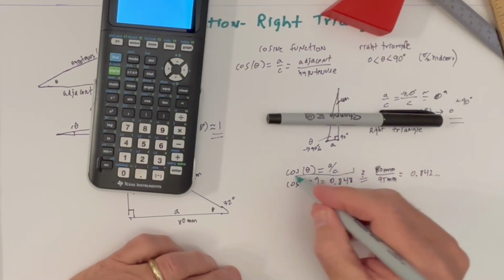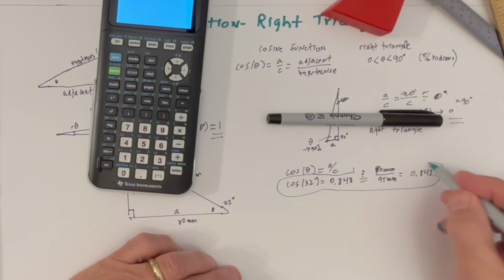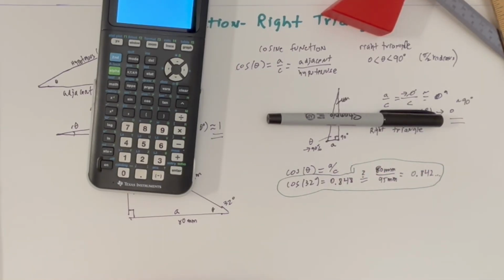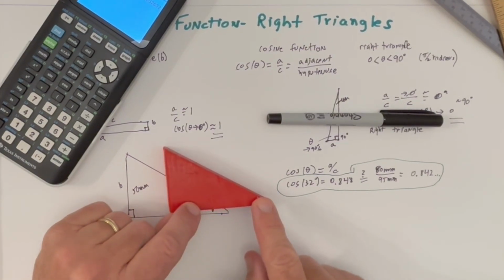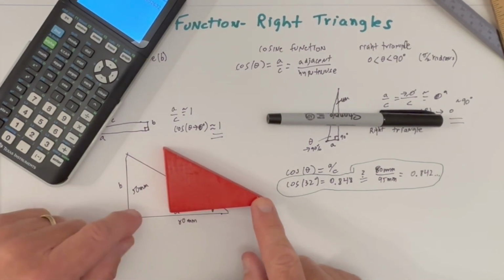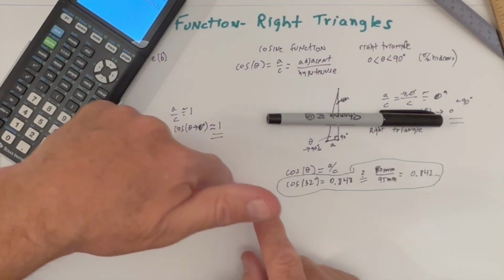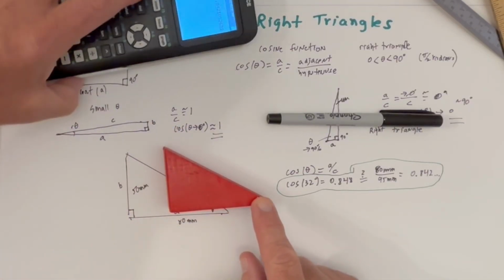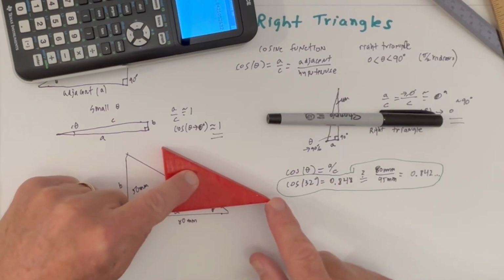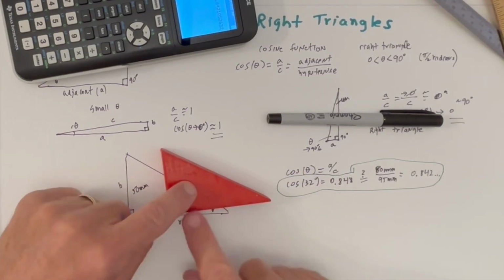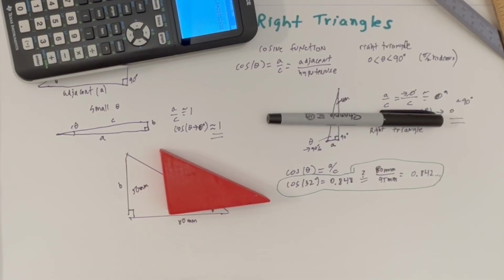So what we just validated was that the cosine of that angle theta is the ratio of the adjacent over the hypotenuse. There's our hypotenuse, and then there's our adjacent side A. So there we have it.